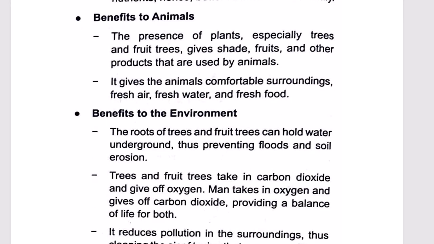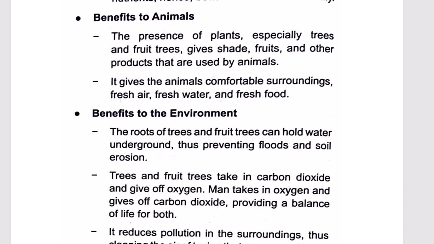Next is benefits to animals. The presence of plants, especially trees and fruit trees, gives shade. It gives fruits and other products that are used by animals. Remember, the animals, especially in the wild, don't depend on their owners. So they just go there and it's survival.